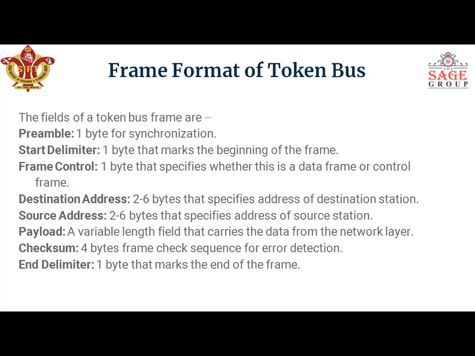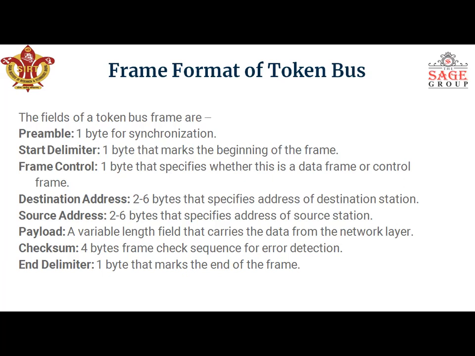Now the last field is the end delimiter. End delimiter is basically 1 byte long that marks the end of a frame. Meaning start delimiter indicates the beginning of a frame and end delimiter indicates the ending of a frame. And different fields like source address and destination address contain the source and destination addresses, which one is the sending device, which one is the receiving device.